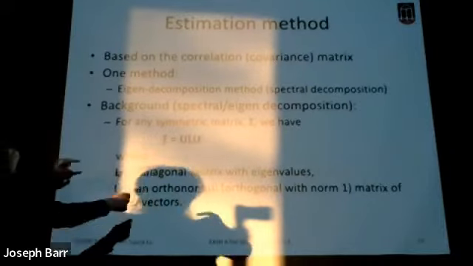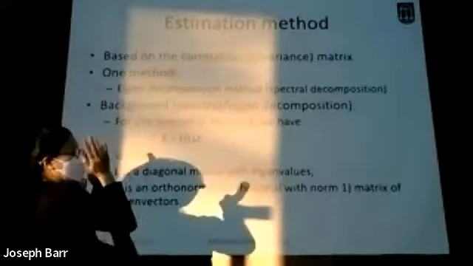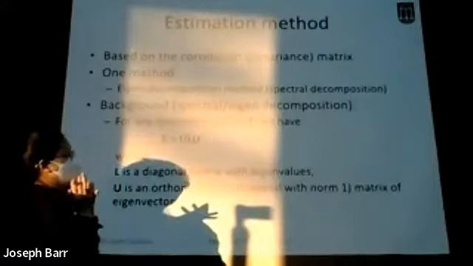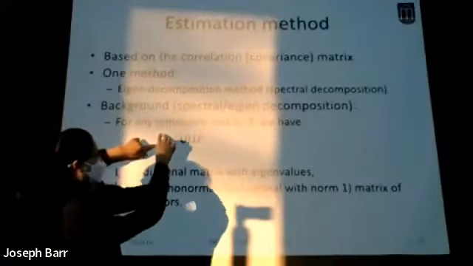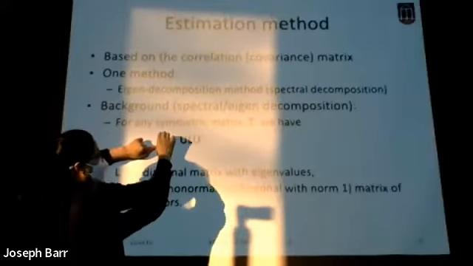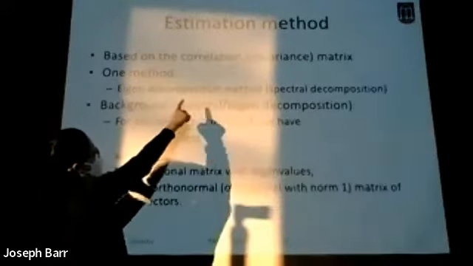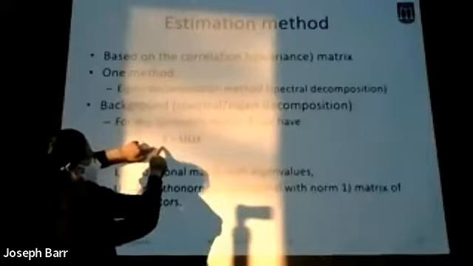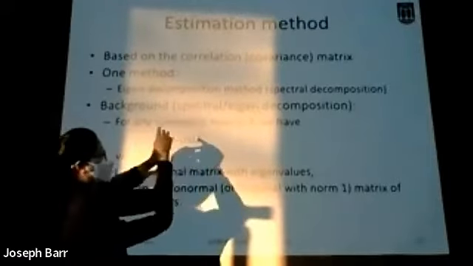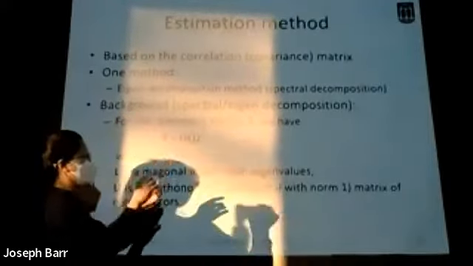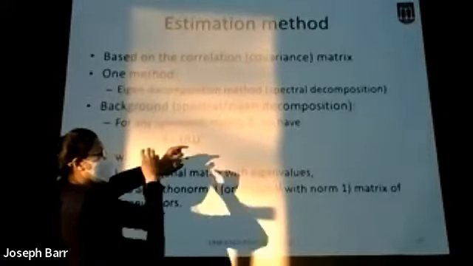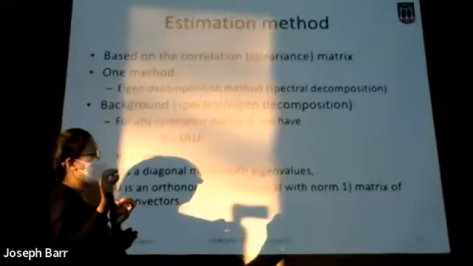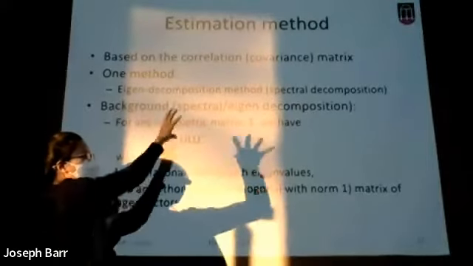Let's look at the first approach, the decomposition, by doing a review. Each of you might be familiar with this part. We have a symmetric matrix here, which could be a correlation matrix or a covariance matrix. L is a diagonal matrix consisting of the eigenvalues, from the largest to the smallest.